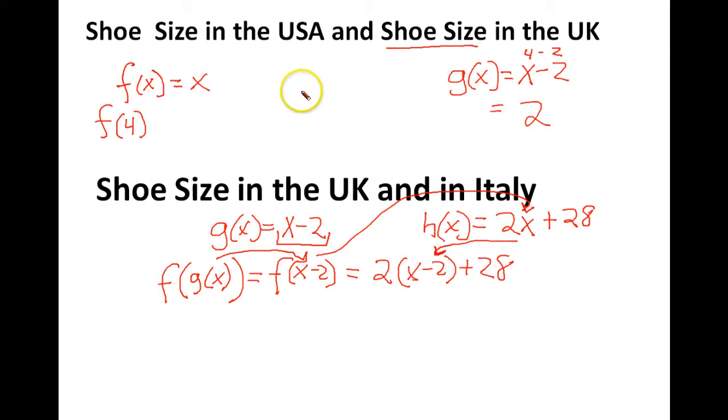So a step back and looking at the whole picture again: if in the States the shoe size is x, and we're talking about a specific shoe size of 4, then in England the relationship is the American shoe size, which we said was x, which is a 4. 4 minus 2, that's the function.